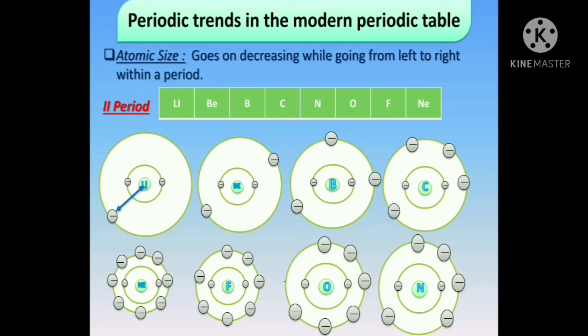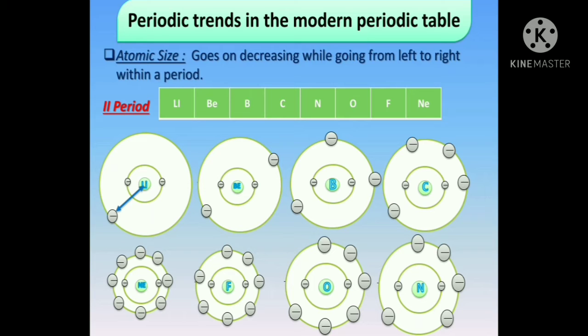Now see here, in lithium, as 3 positive charges are in the nucleus, they are attracting or applying force on the negatively charged electron which is in the outermost orbit. So here you will see that 1 negative charge and 3 positive charges are applying force on each other.